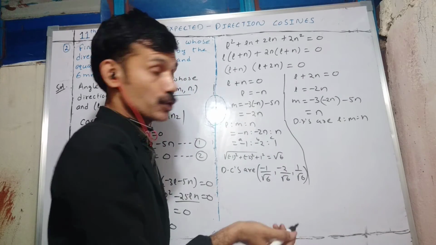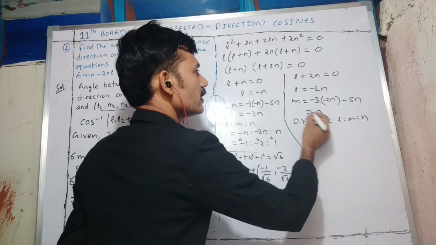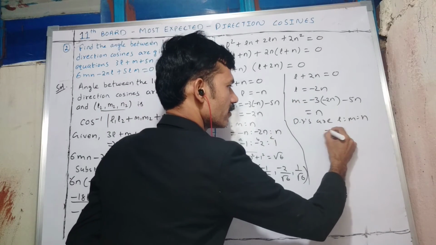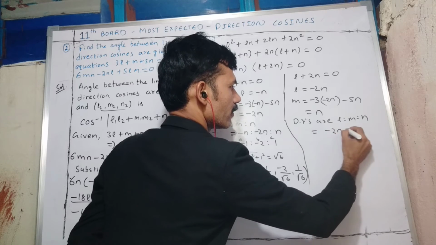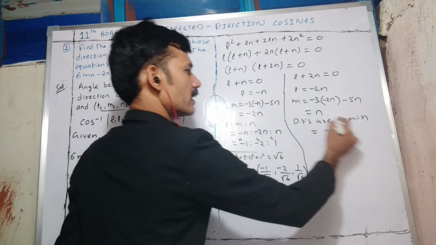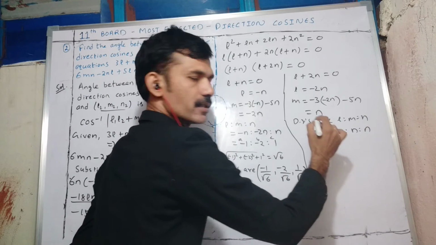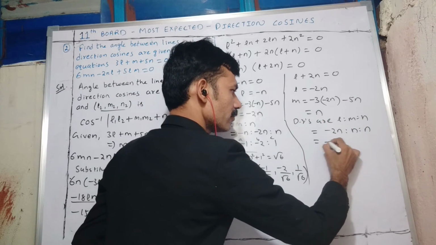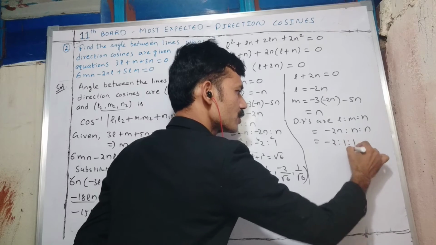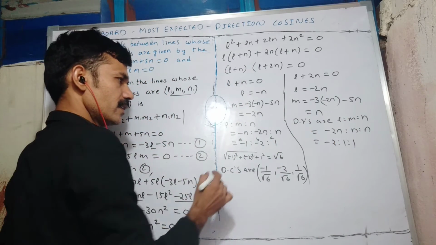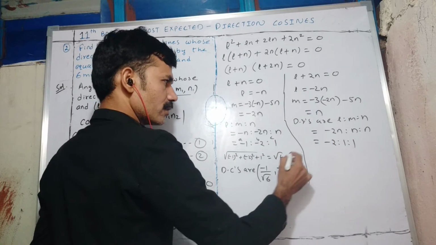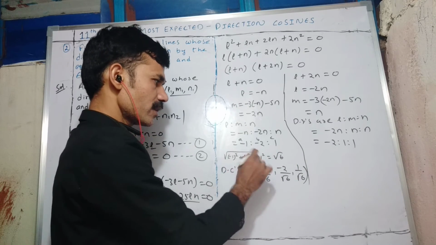The direction ratios: l is minus 2n, m is n, and n is n itself, so dividing with n, we get minus 2 is to 1 is to 1. Here also, the square root of a square plus b square plus c square is root 6.